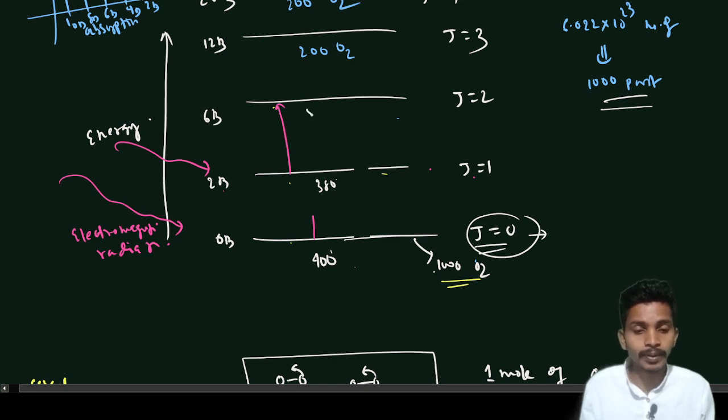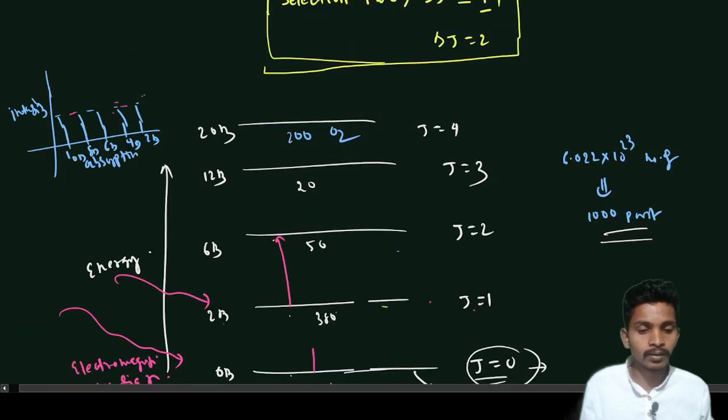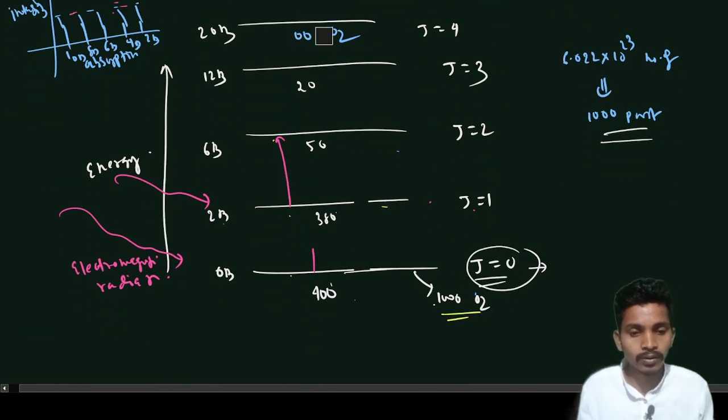Let's say here 50 is there, and if you go much higher, then it decreases again. Let's say it's 20. And if you go to even higher energy, then 10, then 5 or 2.